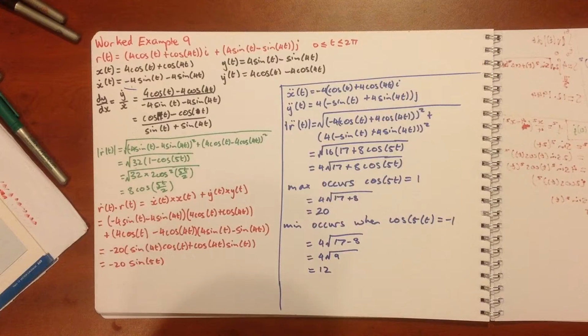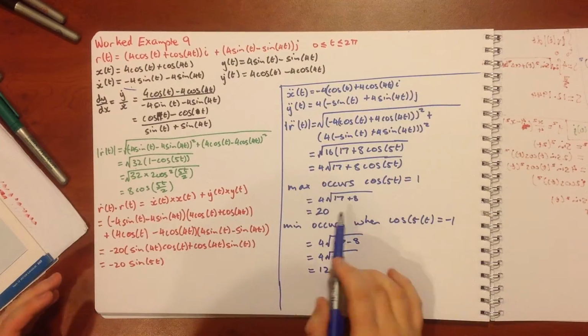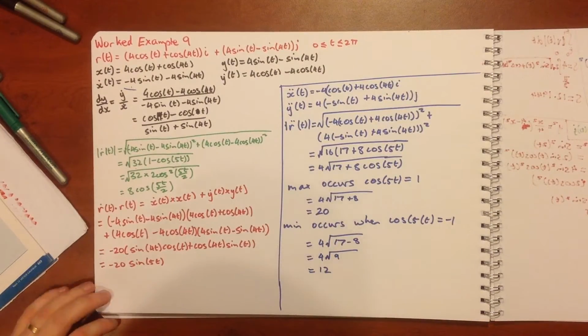So it's quite interesting, and it's a good little question this. You can get all the way through, it looks horrible in lots of places, but we can actually find that we get quite nice values for the maximum and minimum acceleration.